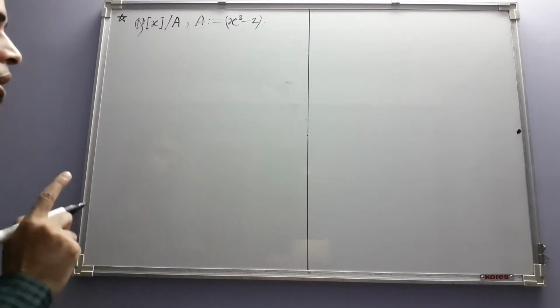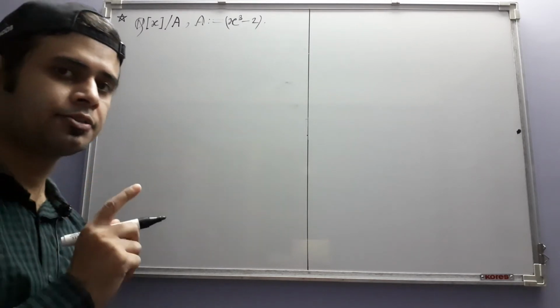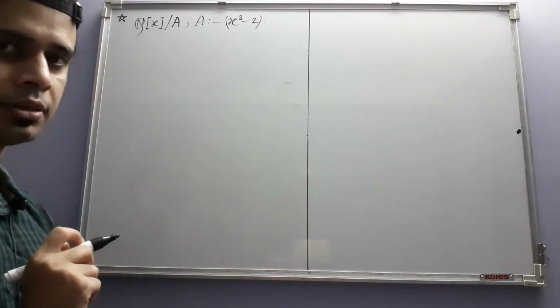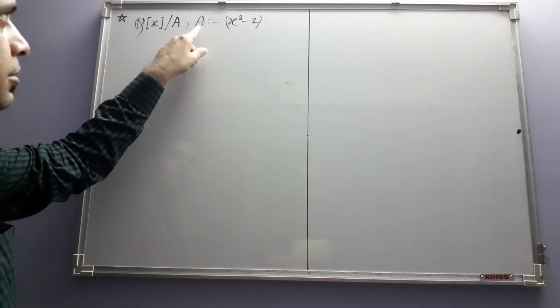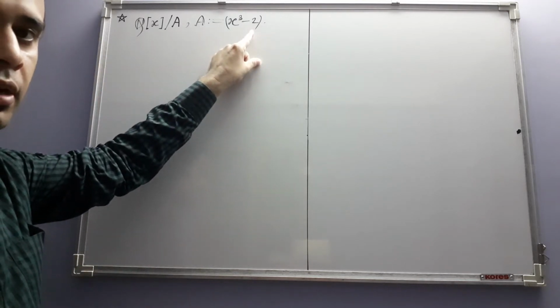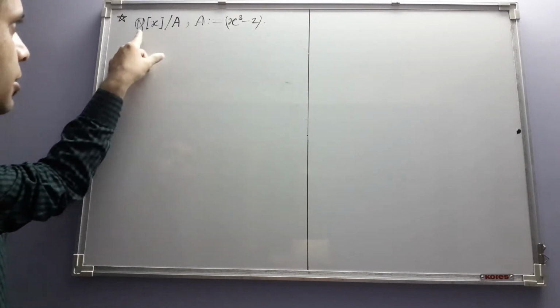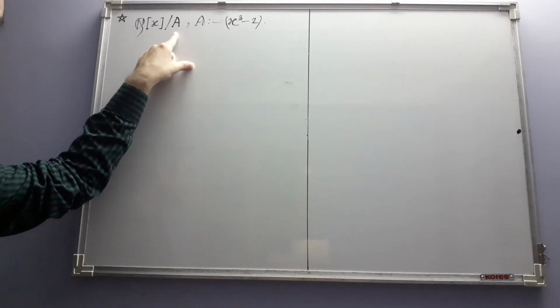Now here we mentioned that this polynomial is actually irreducible over Q, so that this ideal is a maximal ideal, and as a consequence this quotient ring is a field.